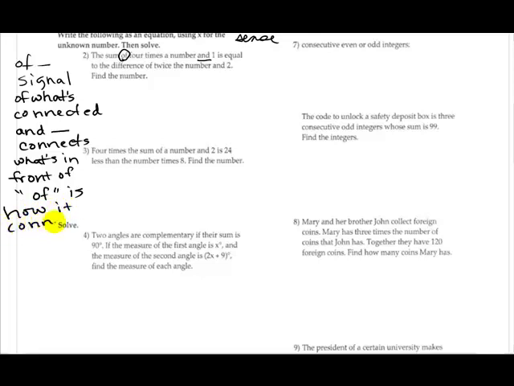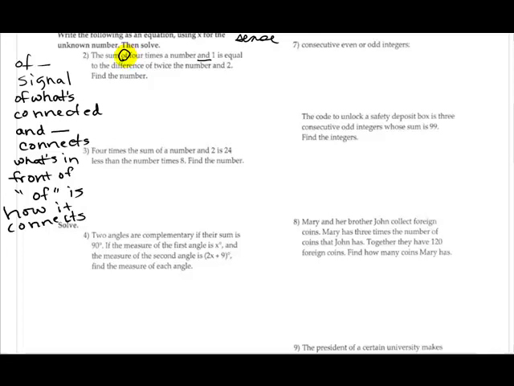The and connects. And what's in front of it is how it connects. So keep this in mind as you're looking to translate.